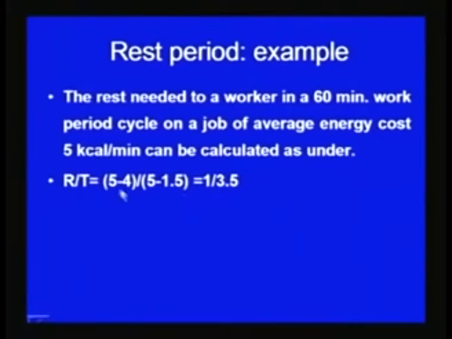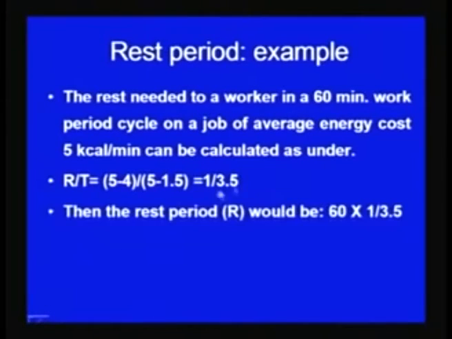Using this equation, we see that it comes out to be 1 by 3.5. If we solve this equation for a duration of 60 minutes, then the rest period comes out to be 60 into 1 by 3.5, which is approximately 16 minutes.